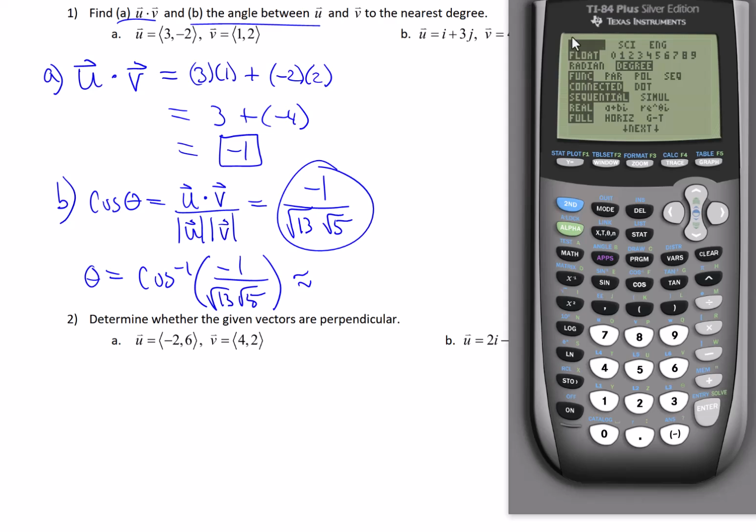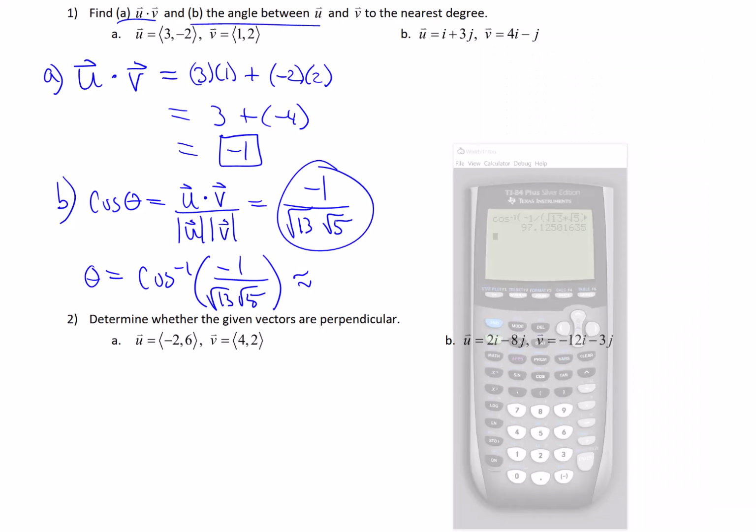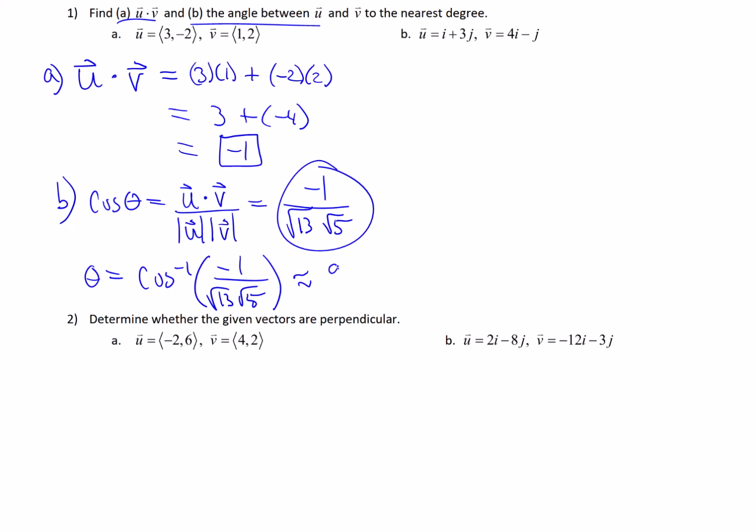Let's hit the mode key, make sure you're in degree mode. It might be in radian by default, but if we're in degree mode, we'll now hit enter and do this calculation, which gives us, it looks like, 97.1 degrees approximately. So we'll call that our result, 97.1 degrees, and that's what we're getting for theta, which is part of what this question was asking, the angle between the vectors.